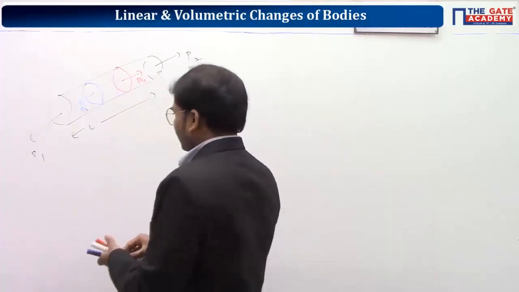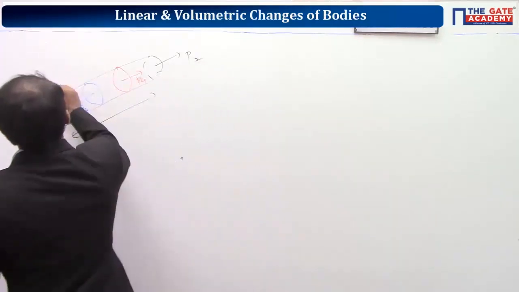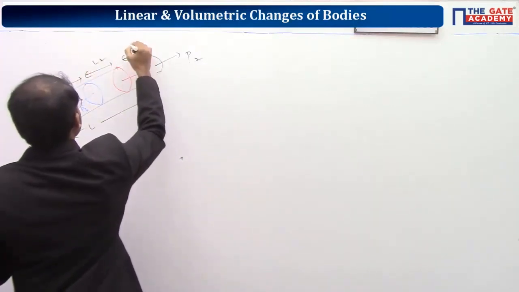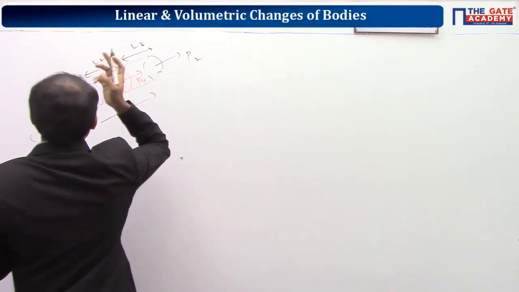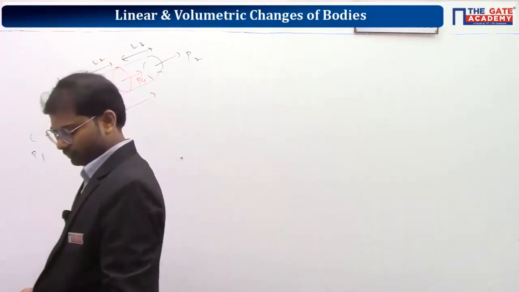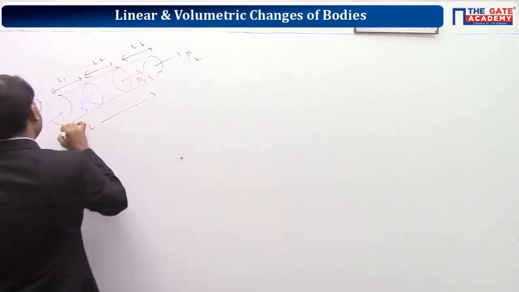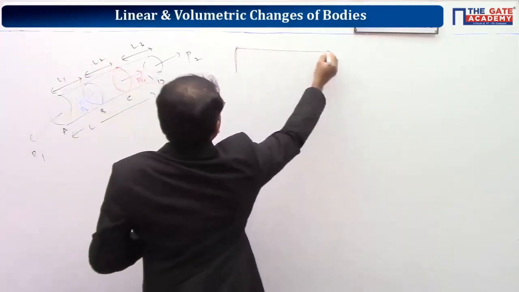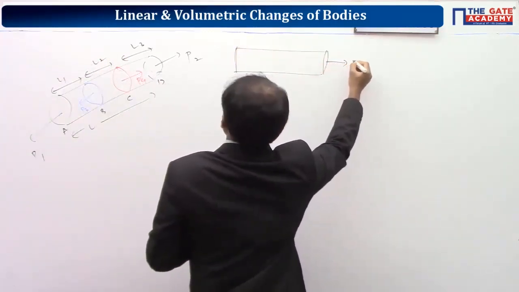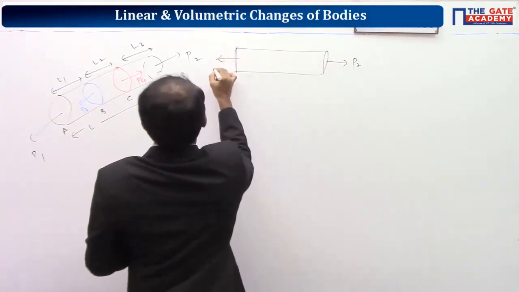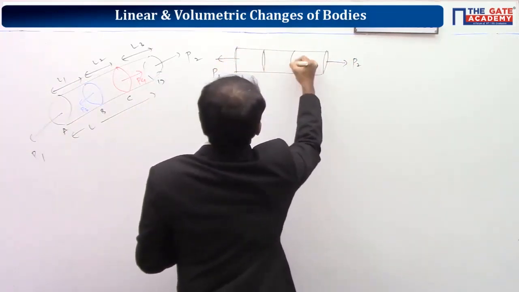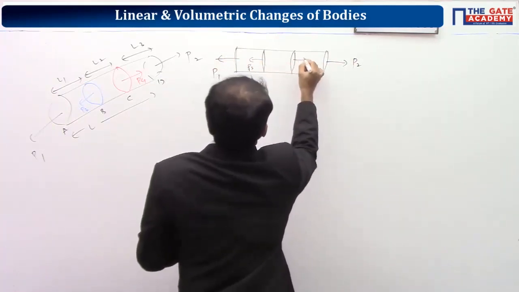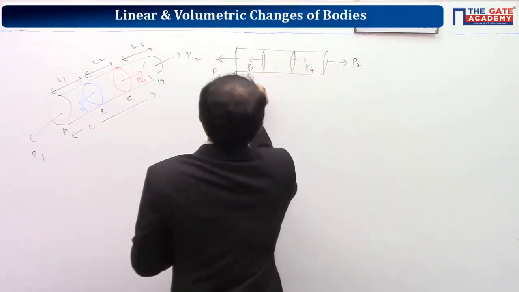So total length is equal to L, and you can take this part is equal to L1, this part is equal to L2, this part is equal to L3, and you can give the names as this one as A, this one as B, this one as C, this one as D. So if you take the sides, here there is P2, here there is P1, here there is P3, this is P4.